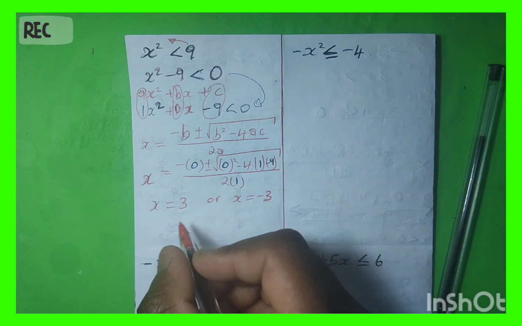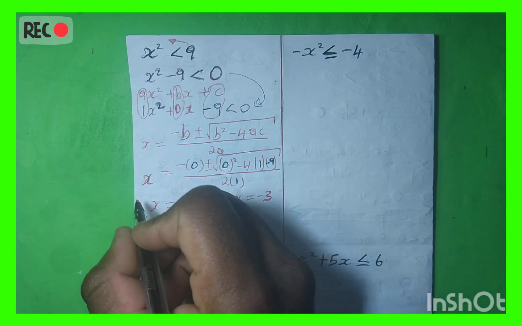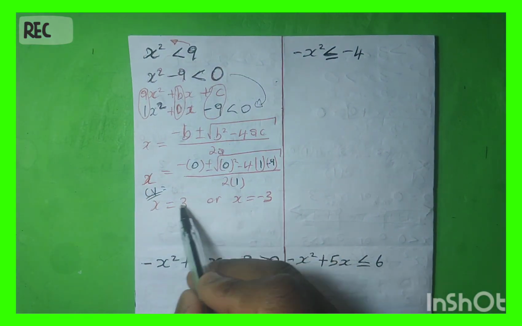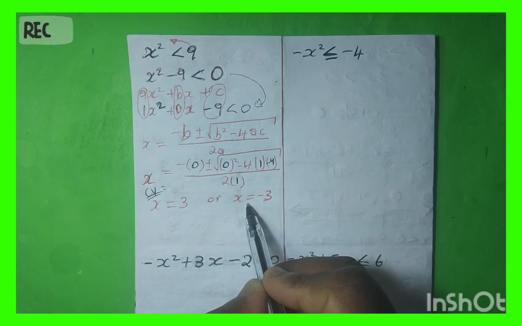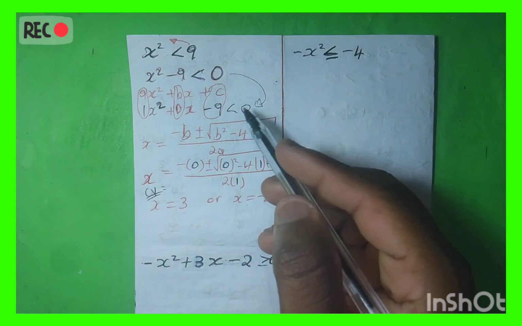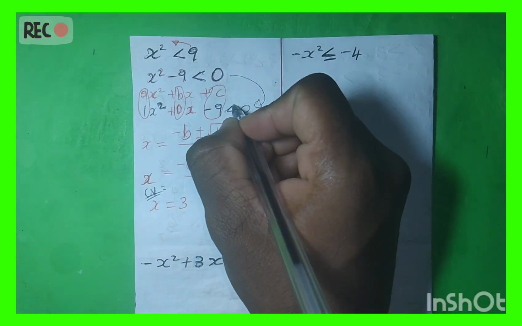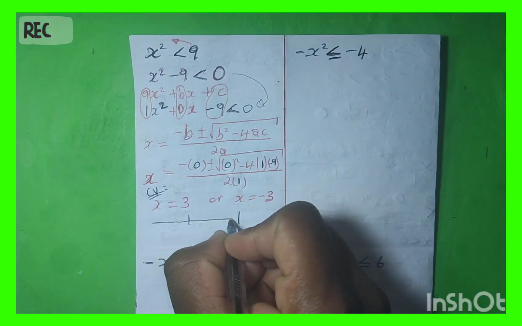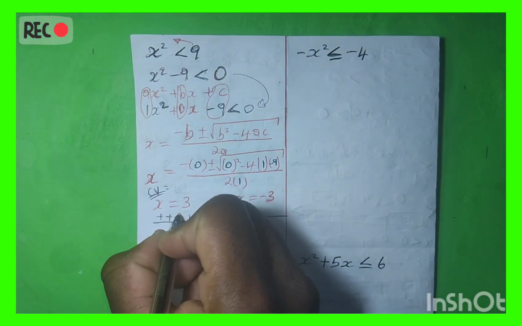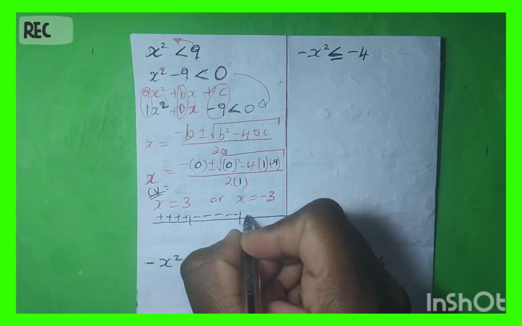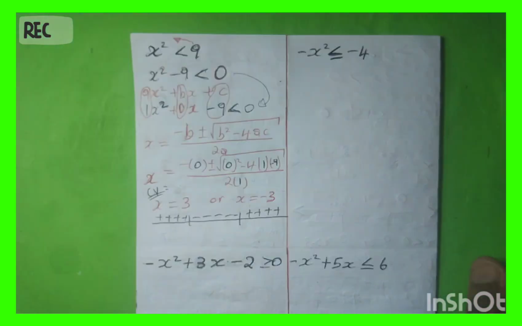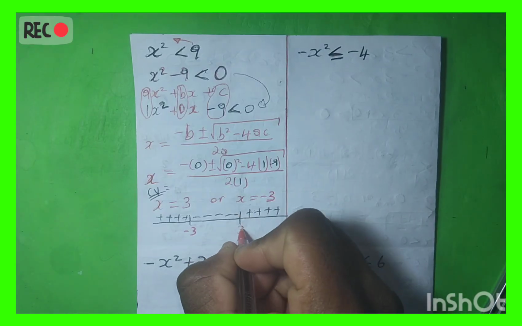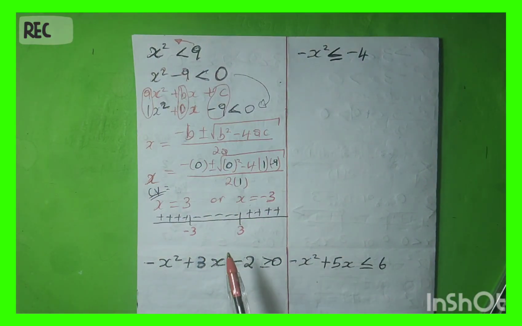Because we have two answers, they represent what we call critical values. And this is an inequality, so it's a must for you to draw a number line, which is positive, negative, positive. Here I write my minimum value, -3, and maximum value, 3.